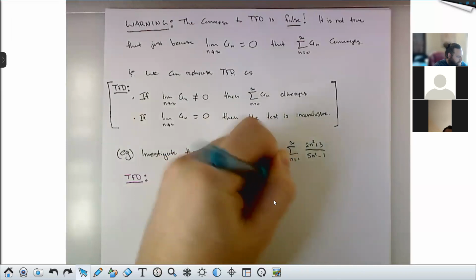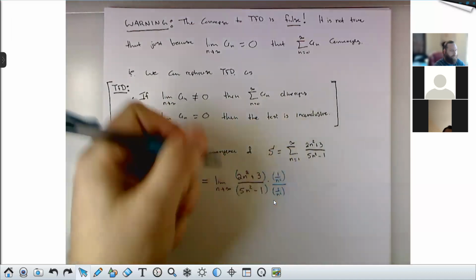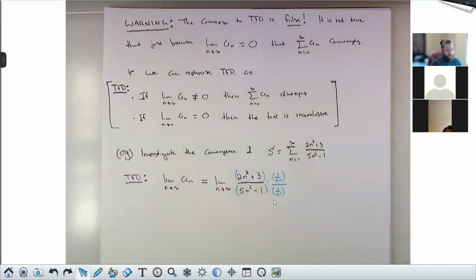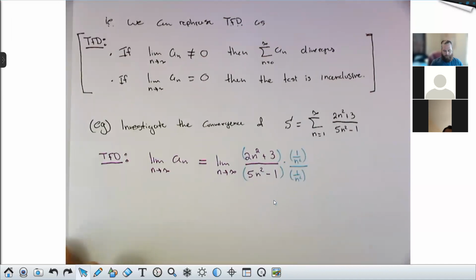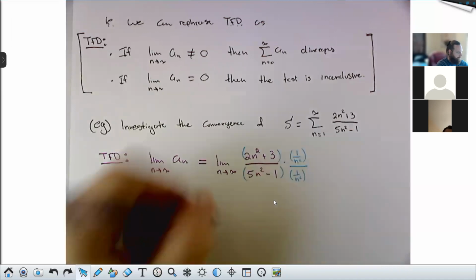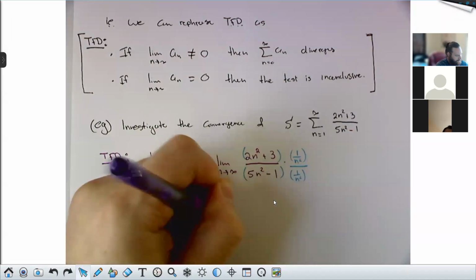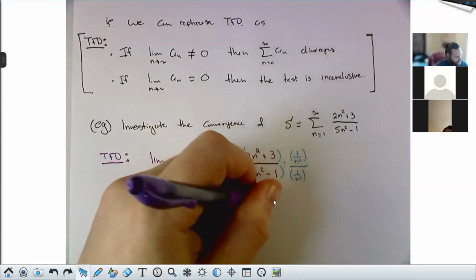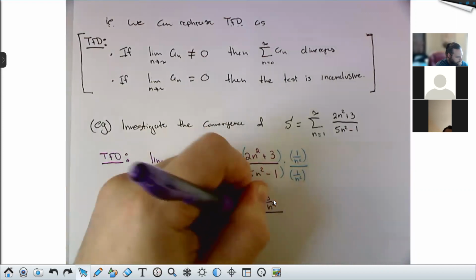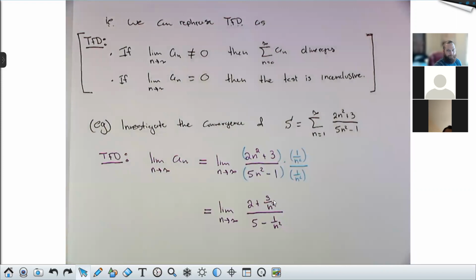That's a good way to do this. You could also use L'Hopital's rule if you wanted, but it's not necessary. So if I divide top and bottom by n squared, this becomes the limit as n goes to infinity of (2 plus 3 over n squared) divided by (5 minus 1 over n squared).